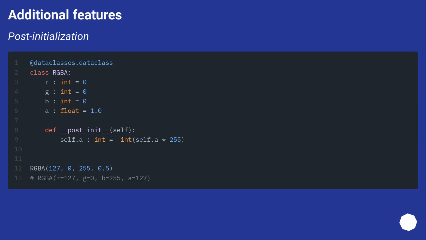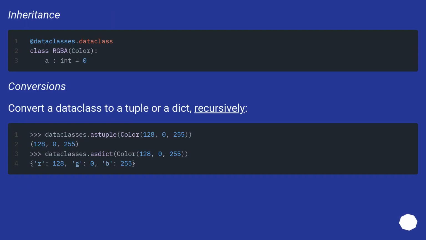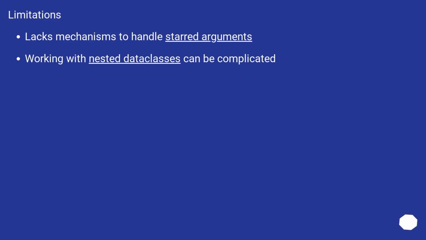Additional features. Post-initialization. Inheritance. Conversions: convert a data class to a tuple or a dict, recursively. Limitations: lacks mechanisms to handle star arguments. Working with nested data classes can be complicated.